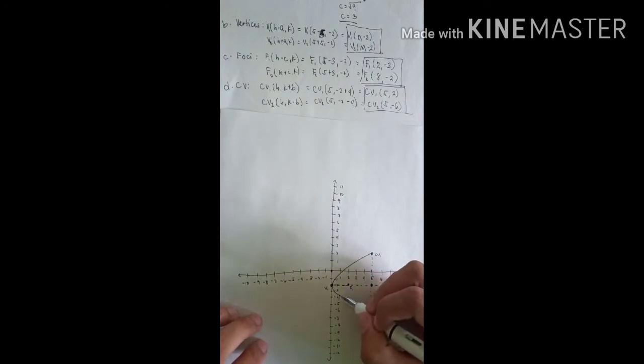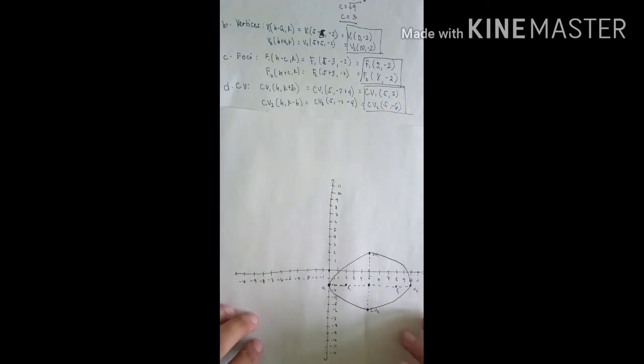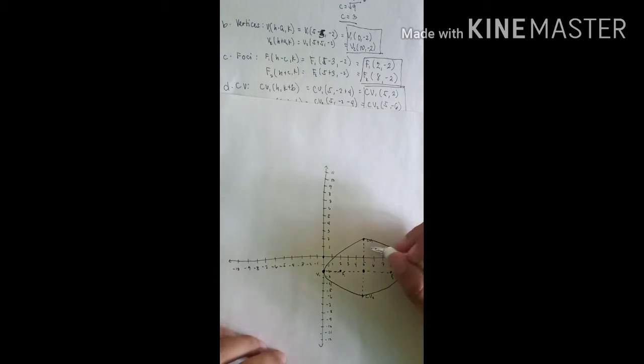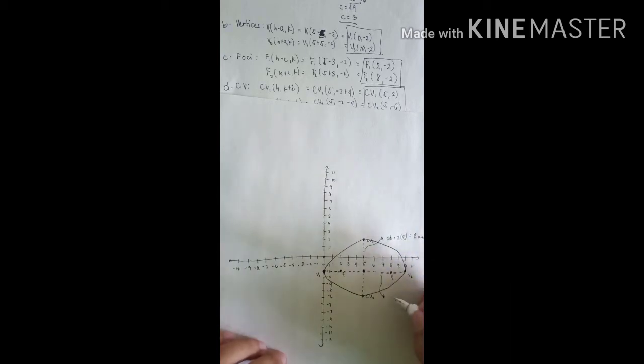Plot natin. So this is our minor axis. This is equal to 2b. So 2 times 4 is equal to 8 units. This is our major axis.